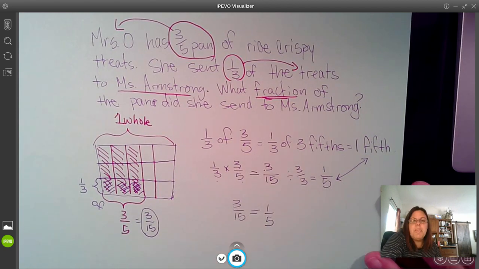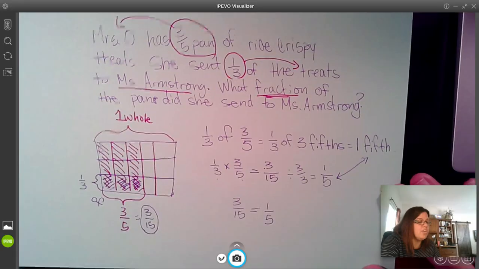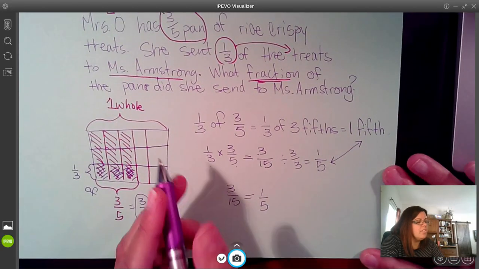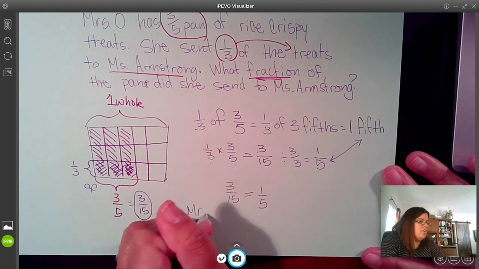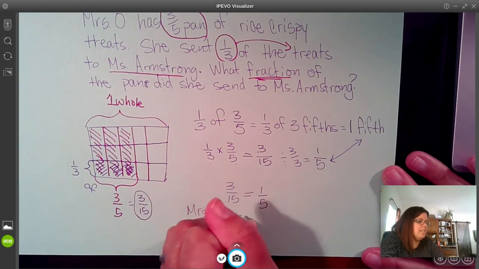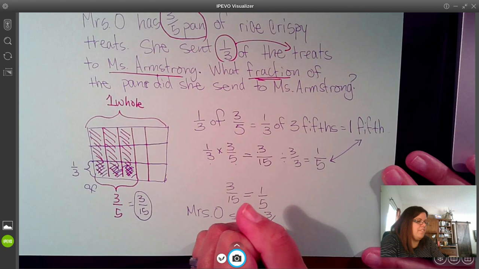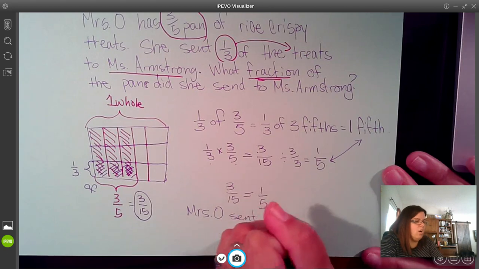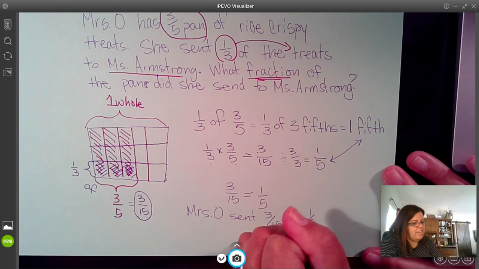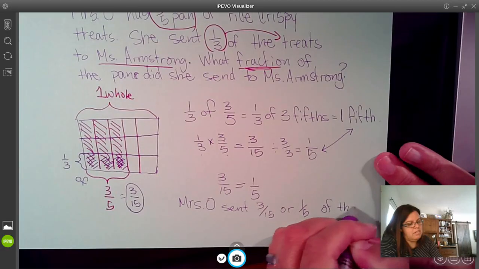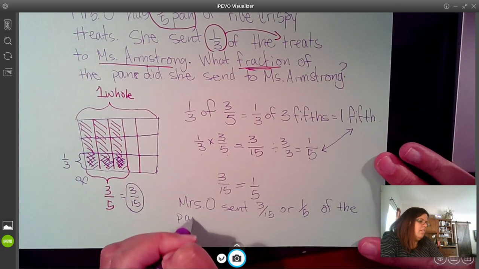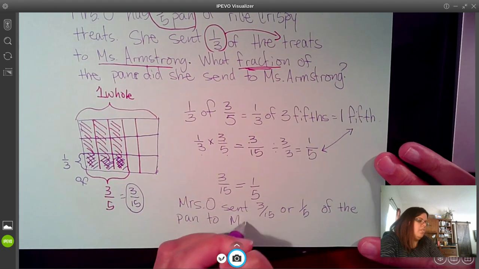So both would be correct answers. So we could say that Mrs. Olson sent 3/15 or 1/5 of the pan to Miss Armstrong.